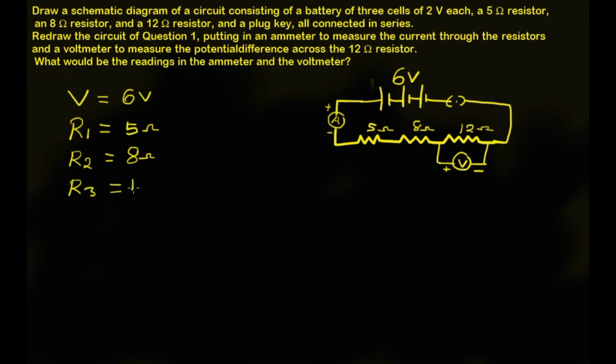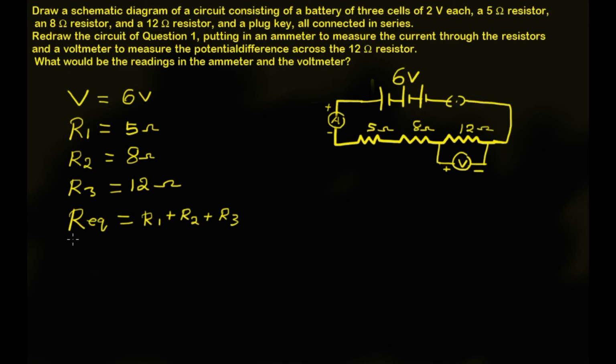Since these resistors are connected in series, you know that the equivalent resistance of the combination can be written as R equals R1 plus R2 plus R3. This will give the total resistance in the circuit.